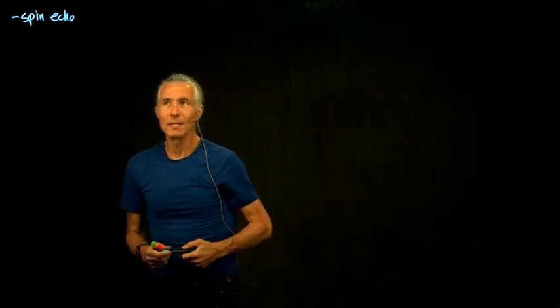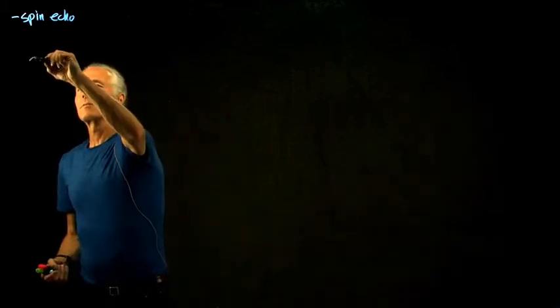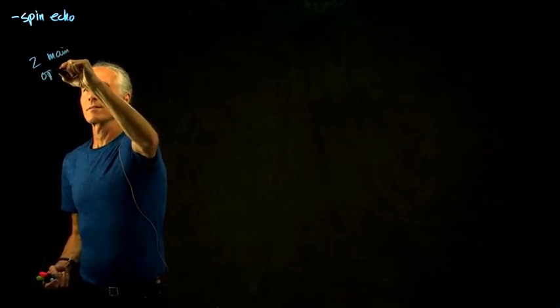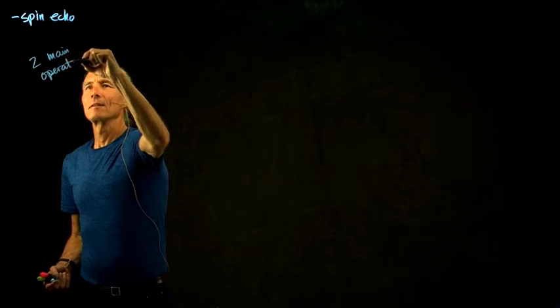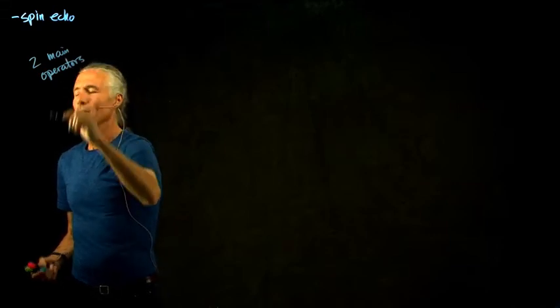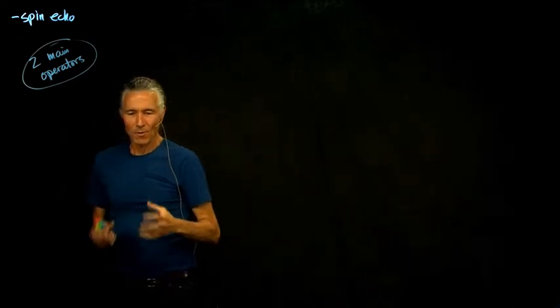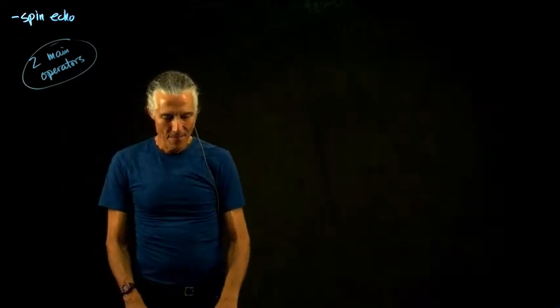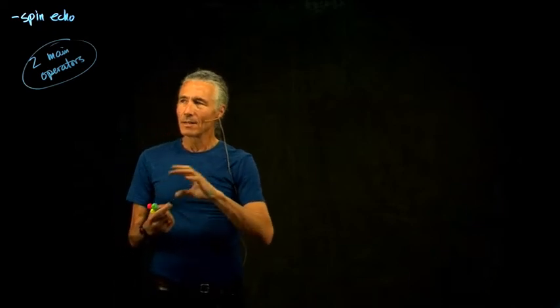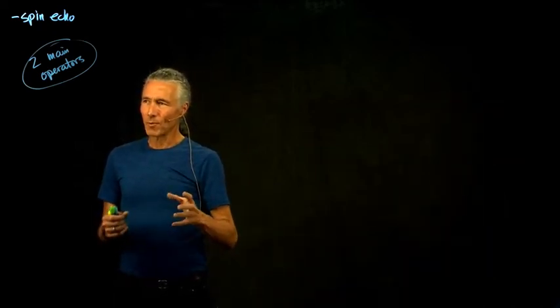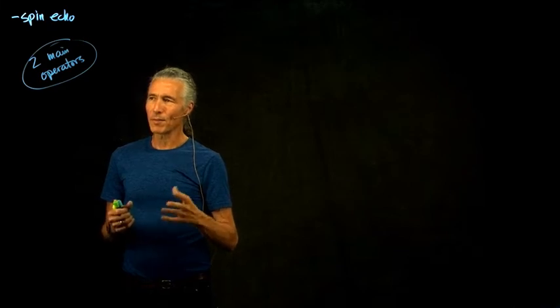what we would call the 2 main operators. These are rules for transforming an M vector, because that's what we're talking about: what do the Bloch equations do?